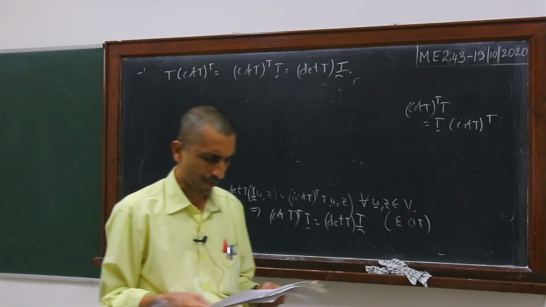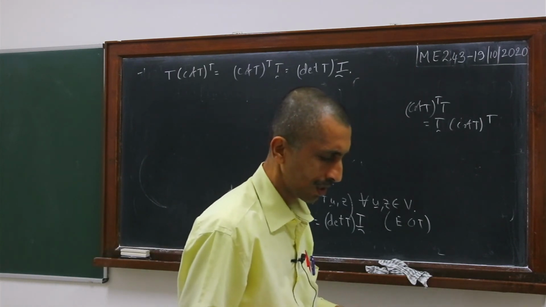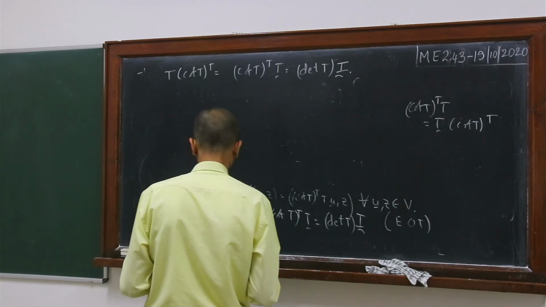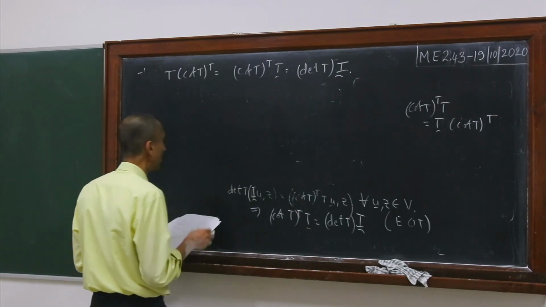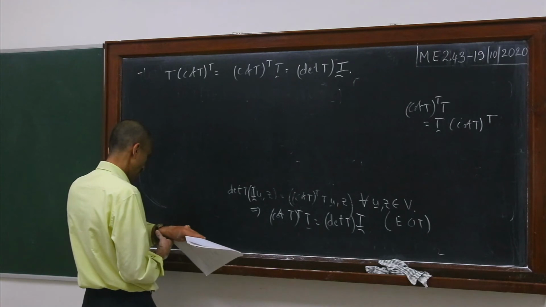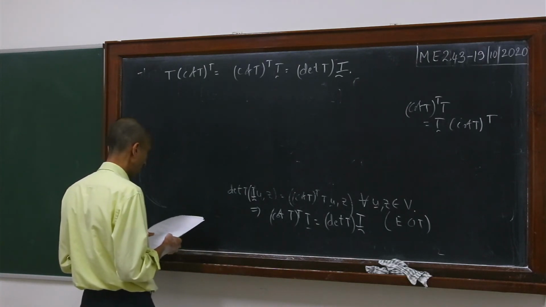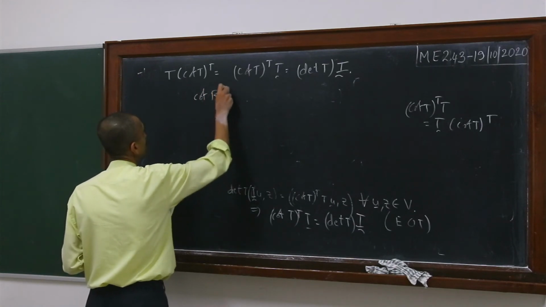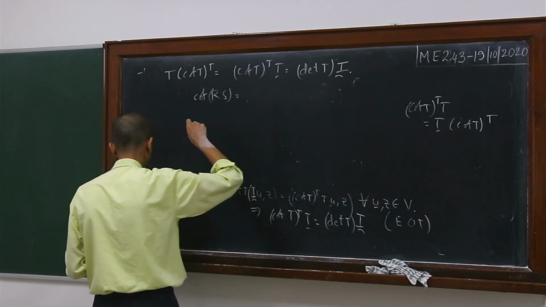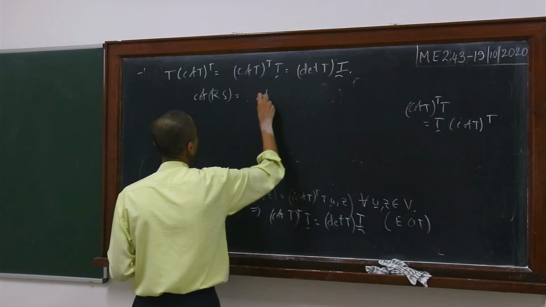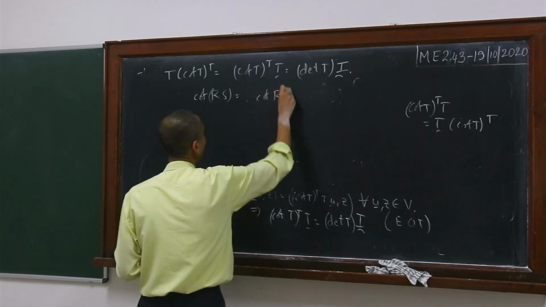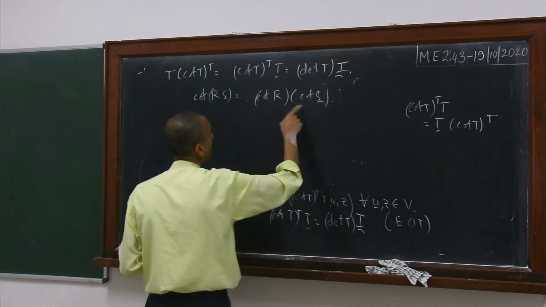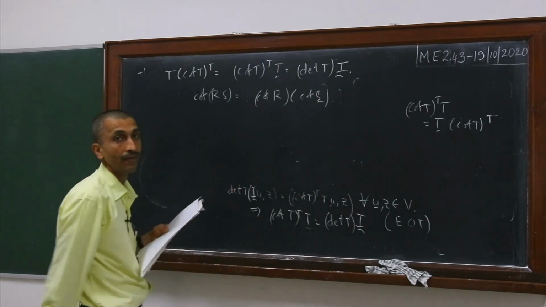Before giving you the explicit formula for the inverse of a second order tensor, let us show one more property of the cofactors. The cofactor of RS is equal to cofactor R times cofactor of S. Here you have to remember that the order in which you multiply them is very important.